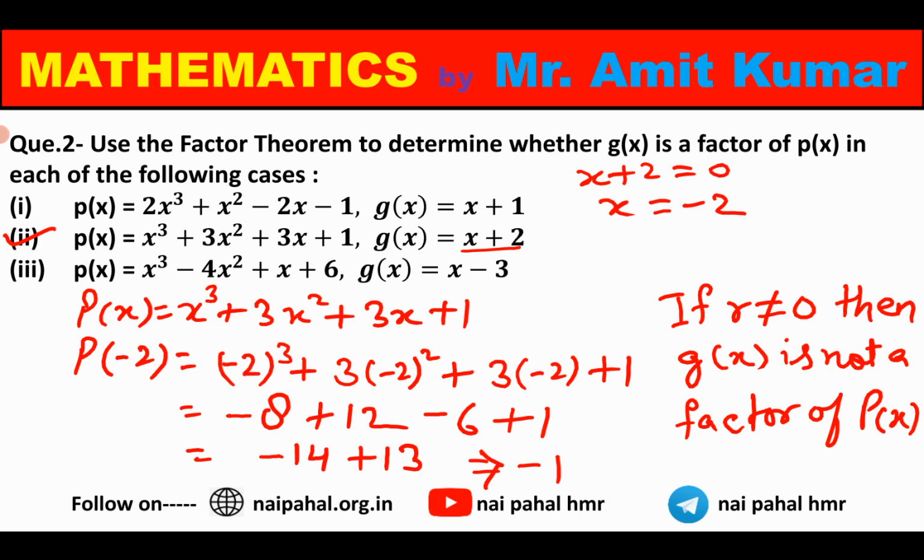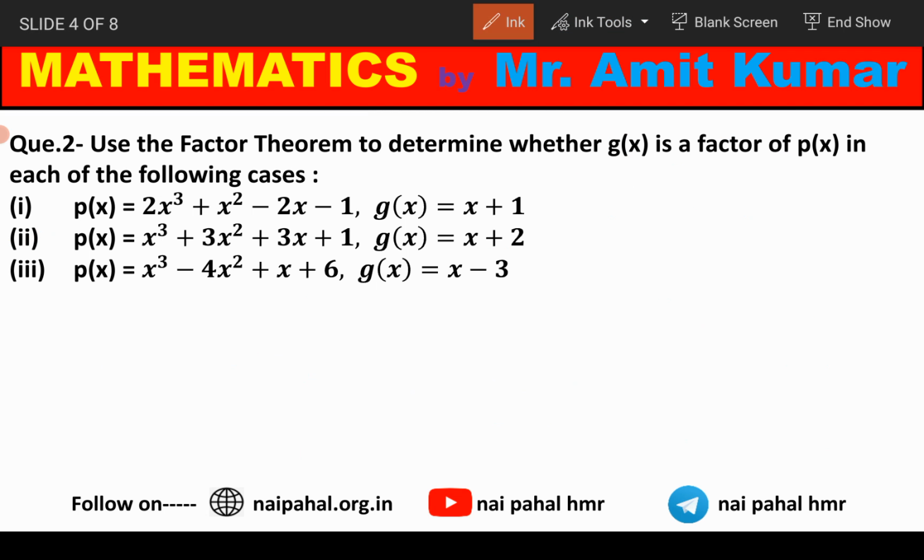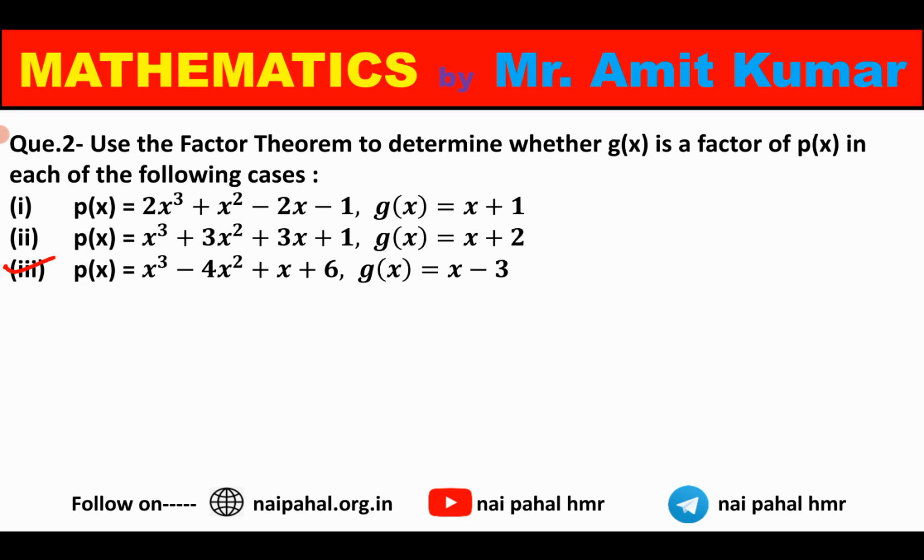Let us continue to the second part. Here we have to take x plus 2 equals 0, then the value of x will be minus 2. Here px is given as x cube plus 3x square plus 3x plus 1. Just copy it down: x cube plus 3x square plus 3x plus 1.